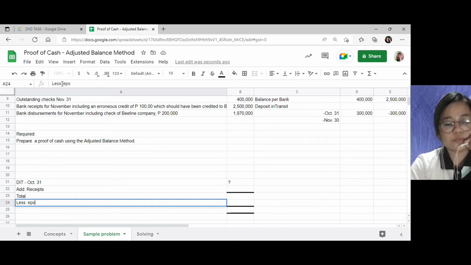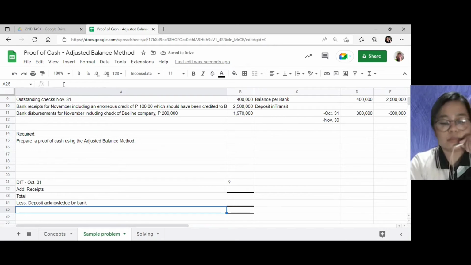So based on the information in the problem, our receipts per book amounts to 2,200,000. So that amount should be added to the 300,000 because we have anticipated that this amount is the amount deposited by the entity to the bank.